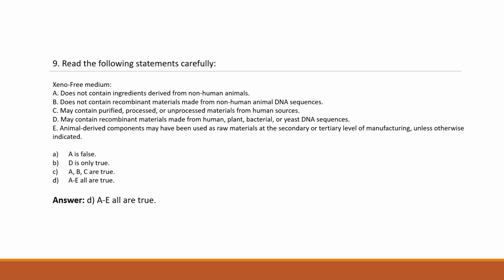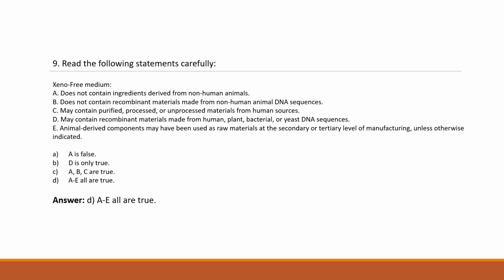Next is animal derived components may have been used as raw materials at the secondary tertiary level of manufacturing unless otherwise indicated. So in a few cases you can use materials which are processed from animals. If you want to take some material from an animal source, it cannot be your primary raw material.